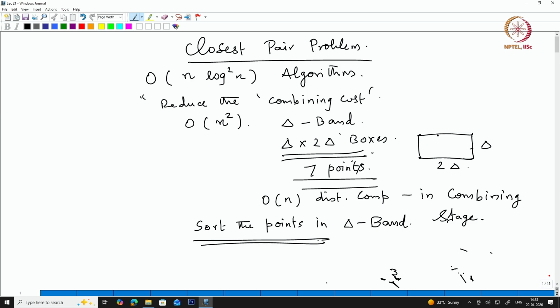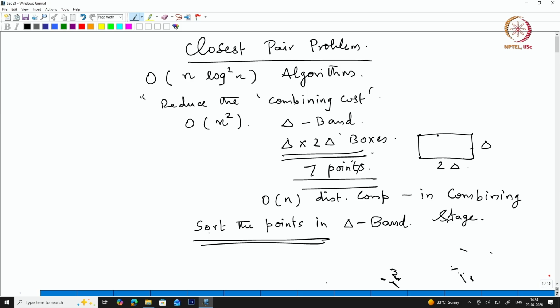This was the costly step. Everything else was order n step, whereas this one is the costlier step. So, the natural thing is, if we can get this also done in order n time, then the overall combining cost would become order n.